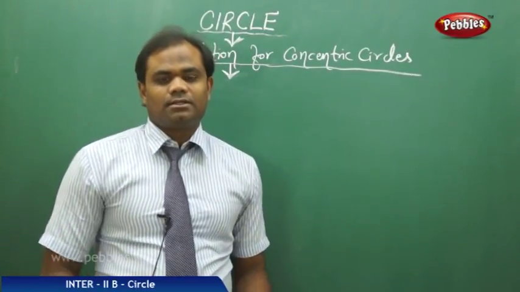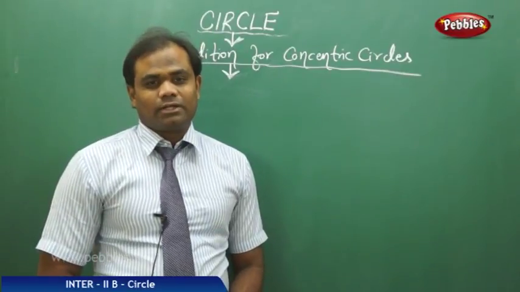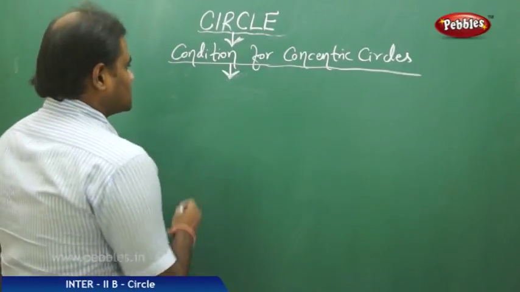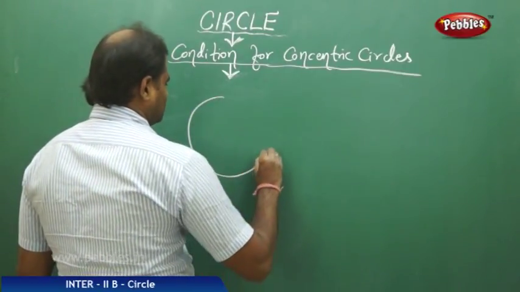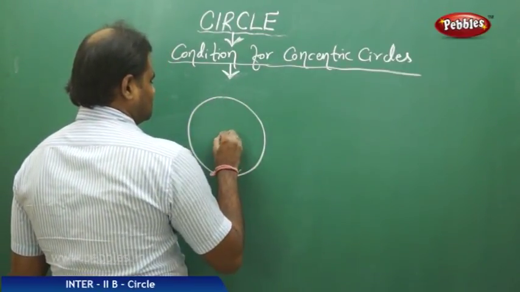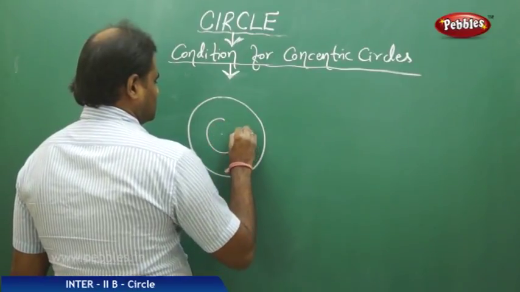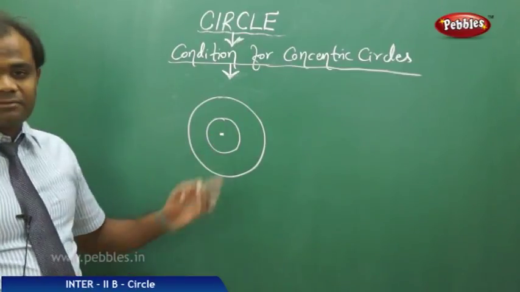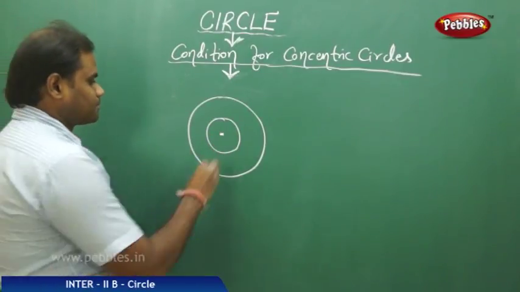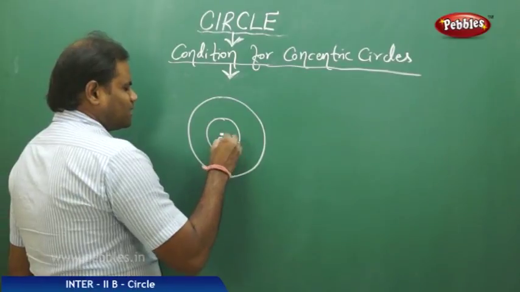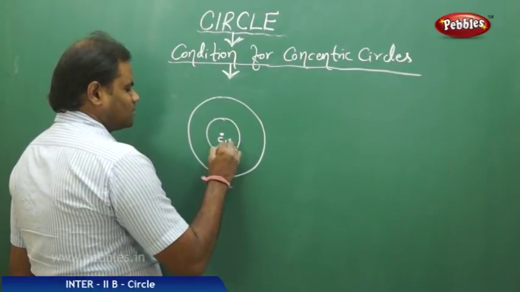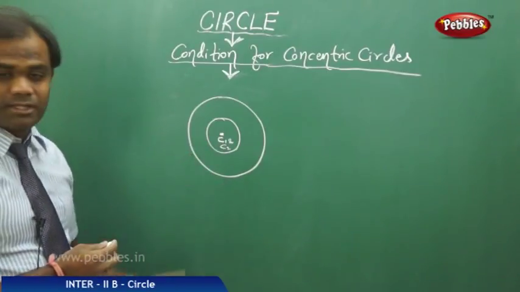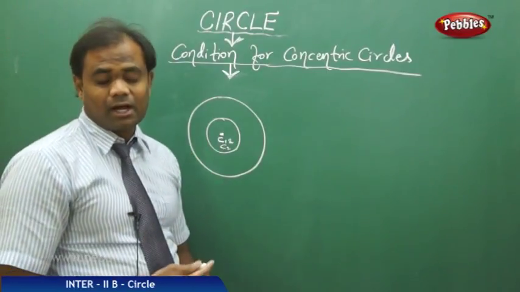Now next is concentric circles. We know that two circles are concentric if they have the same center. That is, if I have a circle which is concentric with this, then that means they have the same center. So let me say the center of the bigger circle is C1 and the center of the smaller circle is C2, with the respective radii being R1 and R2.